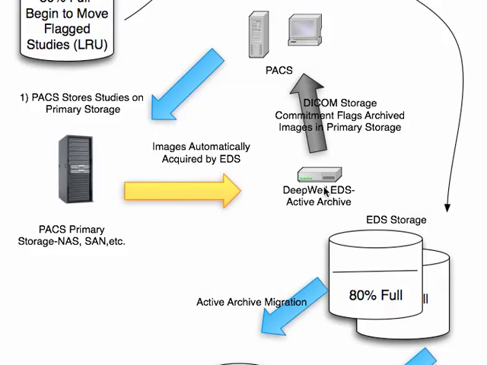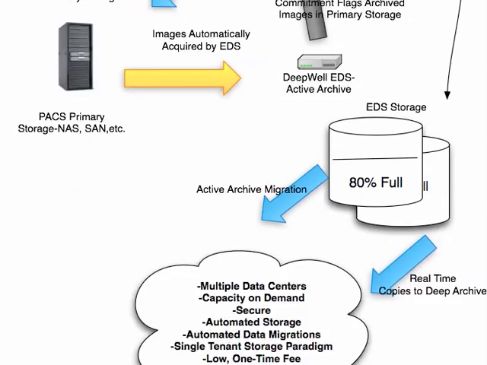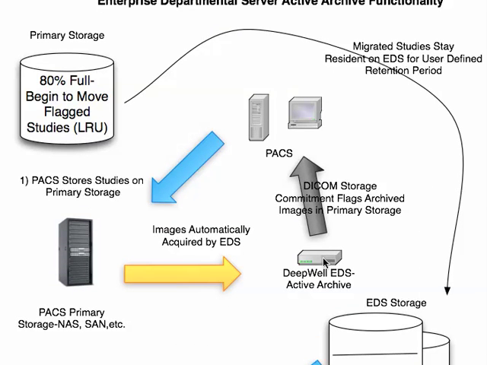As our connected storage starts to fill up and hits high water marks of 80% full, if a diagnostic study hasn't been touched in, pick a retention period, 5 years for example, we're going to move it off to permanent archive. So again, we're maintaining the reliability, especially the availability, the retrievability, and security of that diagnostic study data, but we're doing it on less and less expensive tiers of storage.